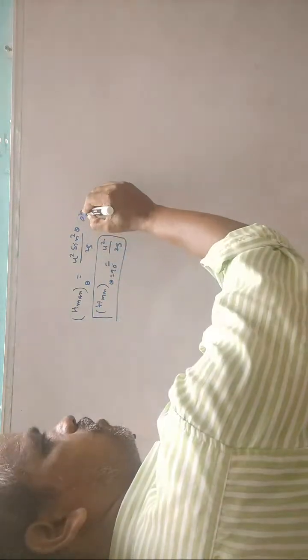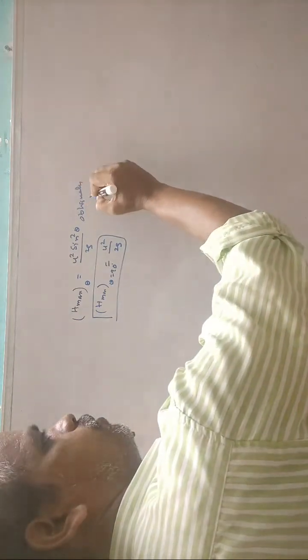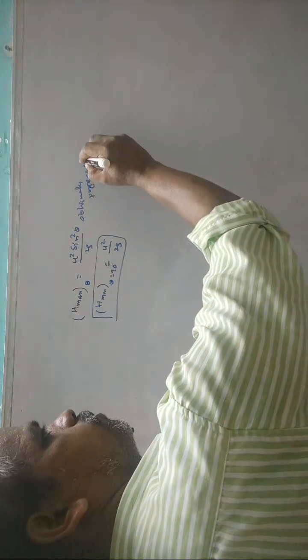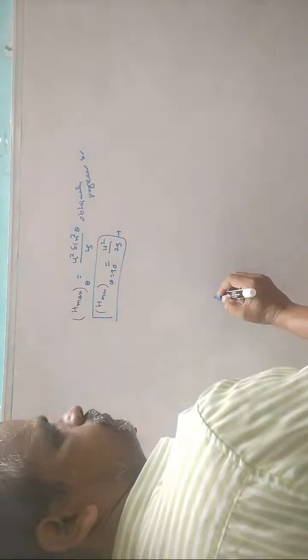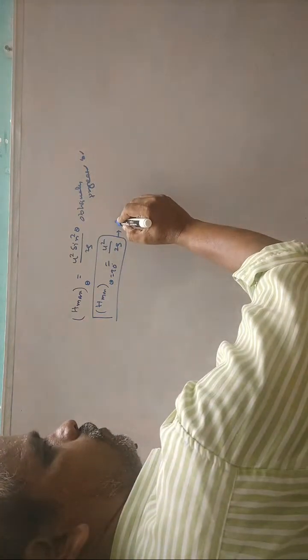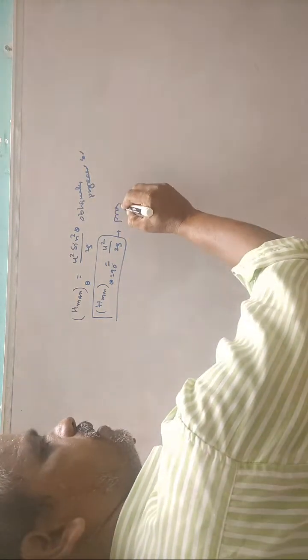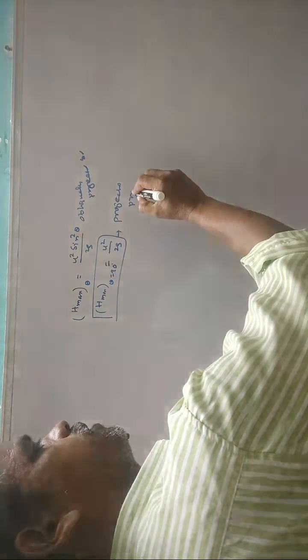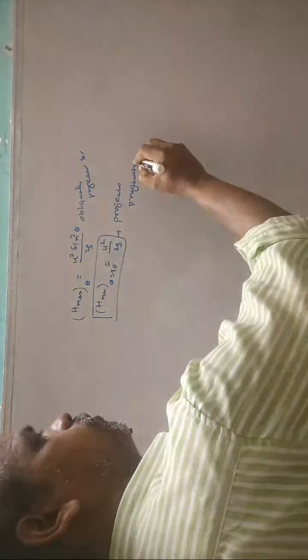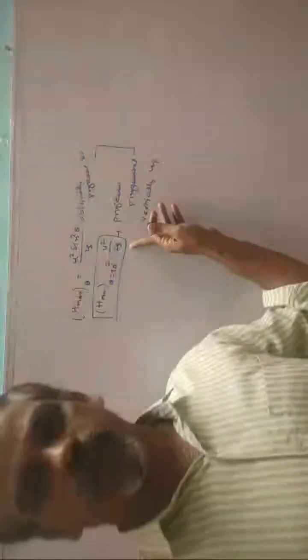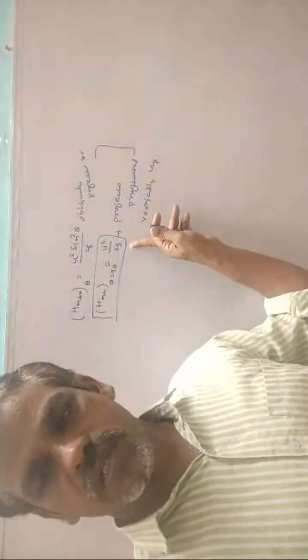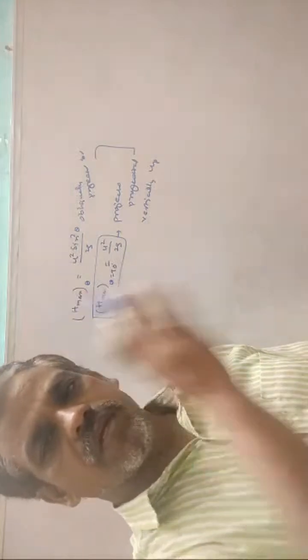This is the obliquely projected body, and this will become the body projected vertically up. So this equation goes to u square by 2g, that is nothing but the body projected vertically up.